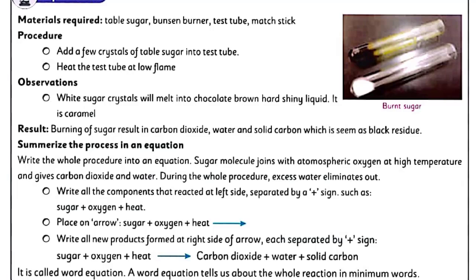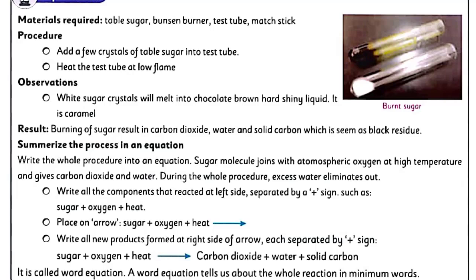Heat the test tube at low flame. Observations: white sugar crystals will melt into a chocolate brown, hard, shiny liquid. It is caramel. Result: burning of sugar results in carbon dioxide, water and solid carbon, which is seen as black residue.